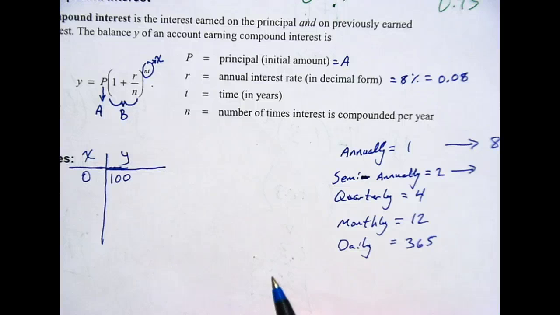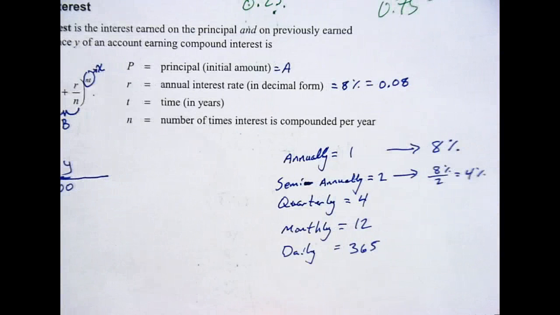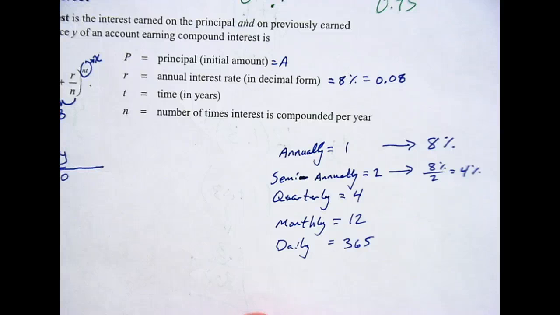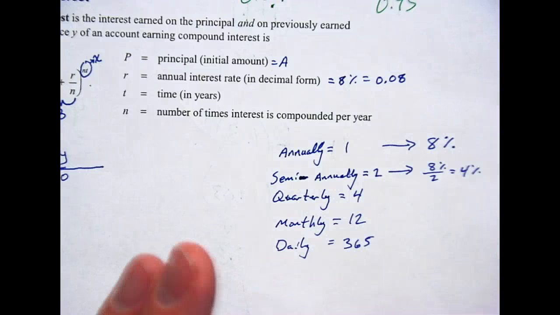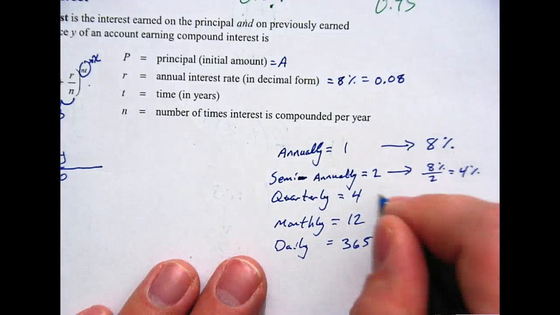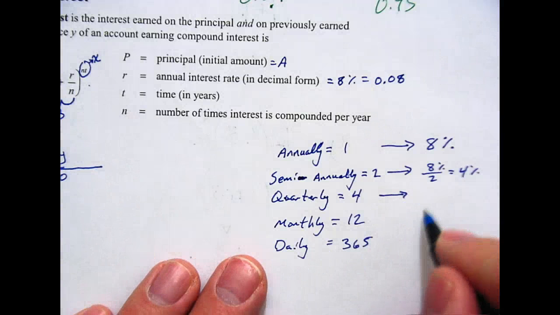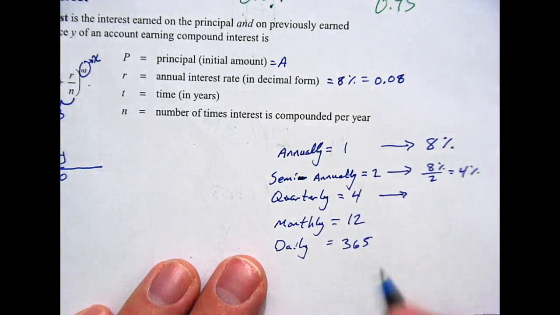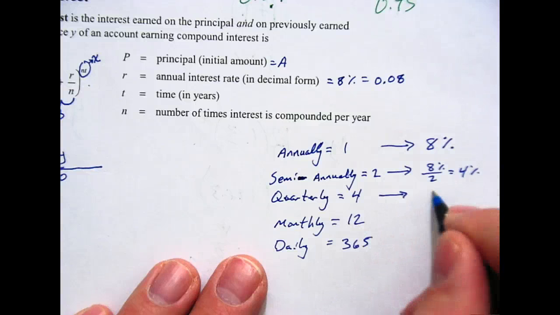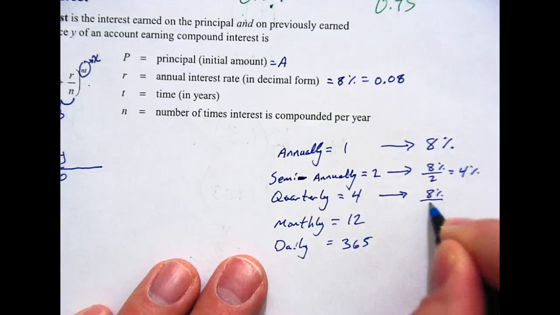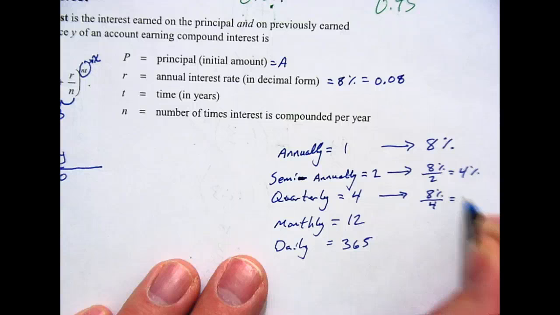Does everyone understand that? You get 8% divided by 2 semi-annually, or 4%. That makes sense? What if I earn it quarterly? What percent do I get? Caden? 2. Yeah, you do 8% divided by 4. You get 2%.